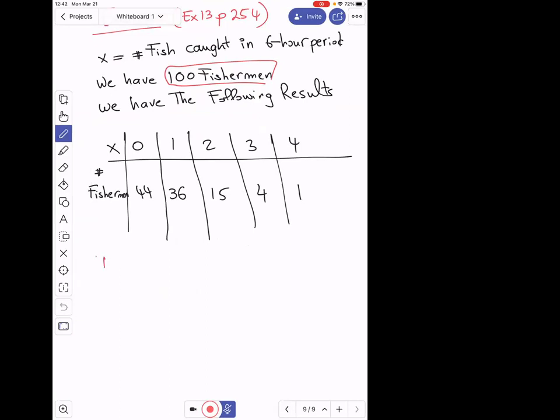All right, so question 1. Please try to find the probability distribution of this x. Find the probability distribution of the variable x.